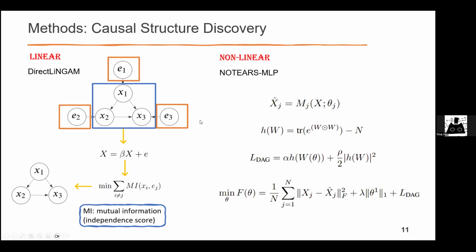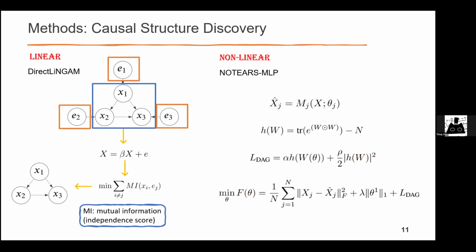They use the first layer weights of an MLP model as a weighted adjacency matrix to represent the structure of a sparse graph. Here W is a causal matrix, and h(W) is their proposed new optimized function to ensure that the graph does not have any cycle. With all three parts of the loss function, it helps find the DAG of the input data.